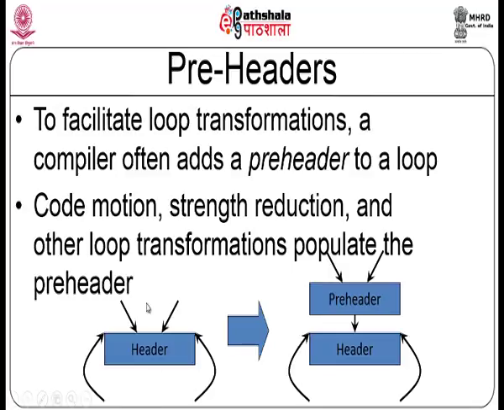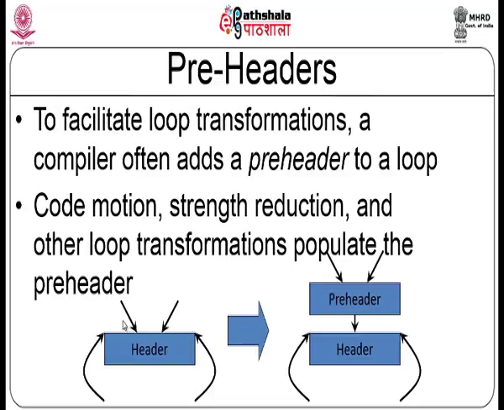If you remember, supposing I have done some computation here, and this is a loop, so this is the target of a jump. Supposing one particular expression is computed, and the variables involved in the expression haven't changed, then it need not be computed every time.